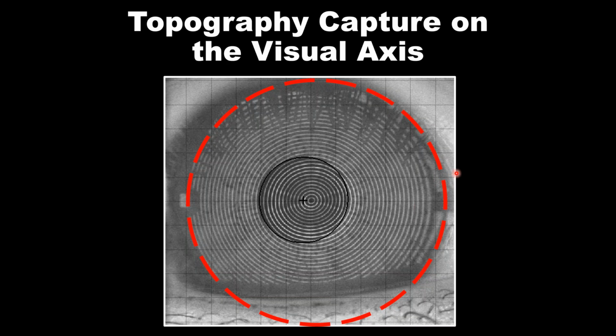And of course, that has everything to do with the temporally displaced fovea, the angle alpha that exists in the eye. When our patients look down the axis of the instrument on the visual axis, they're fixating slightly out. So that results in a topography capture that's always skewed to the nasal side.